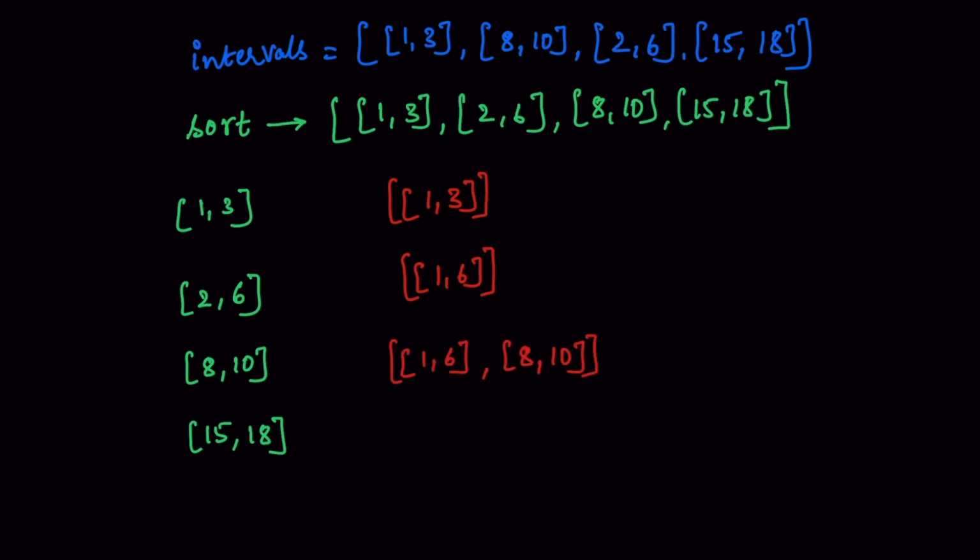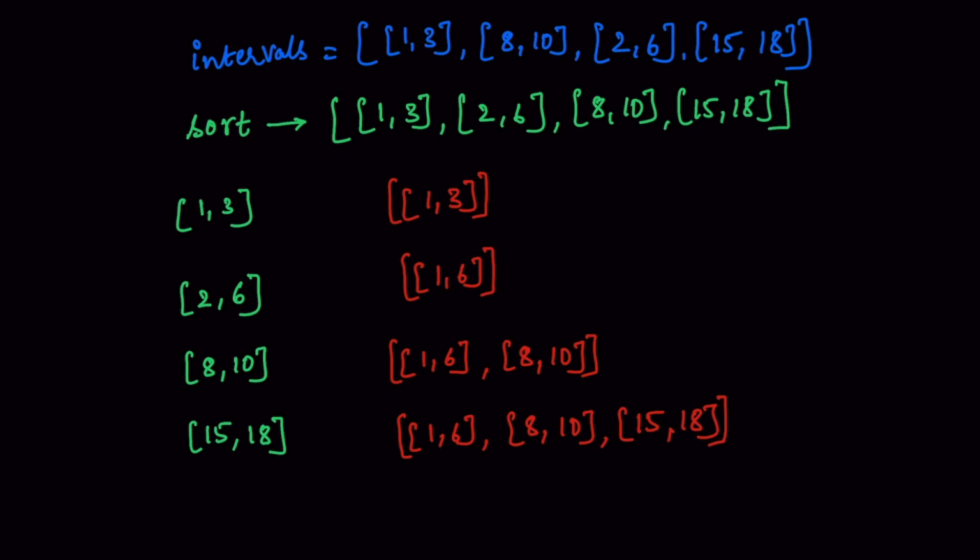Now we compare [8,10] with [15,18]. We can clearly see that these are also disjoint intervals, so we'll store both of them. The final output looks like this: [1,6], [8,10] and [15,18]. I hope it is very clear from this explanation.